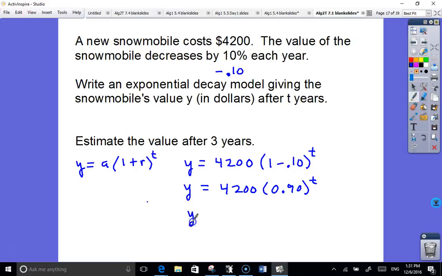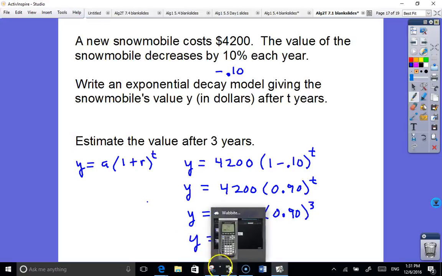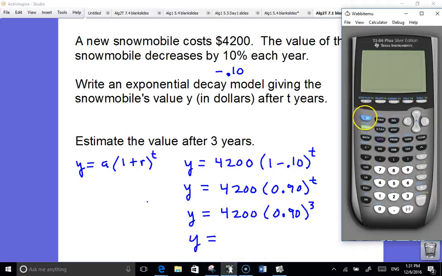That would mean y equals 4,200 times 0.9 to the third. Okay, 4,200 times 0.9 to the third. 3,061.80.